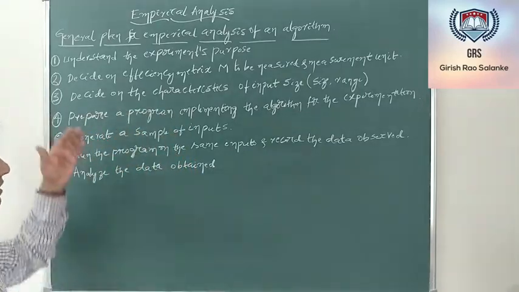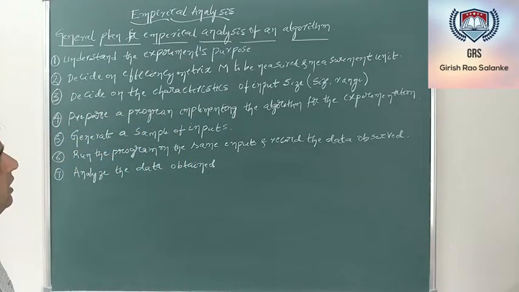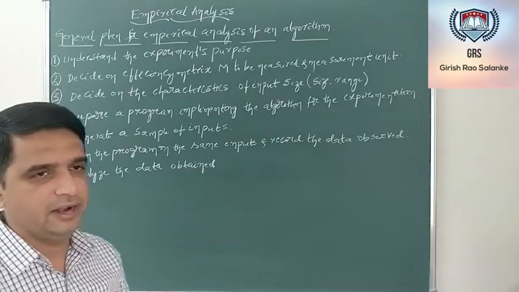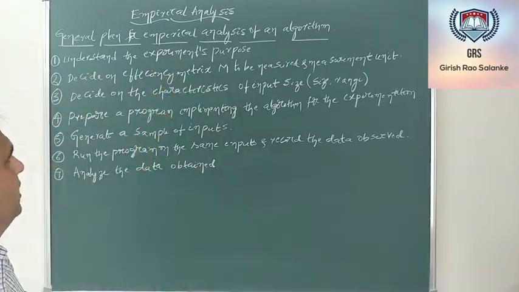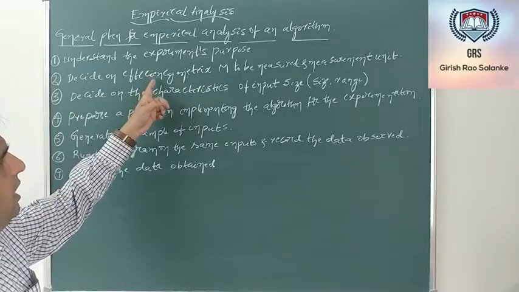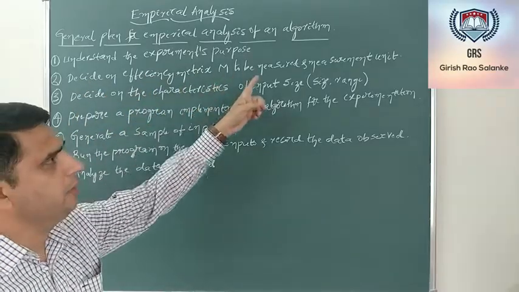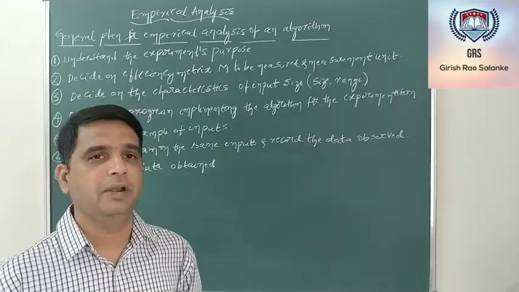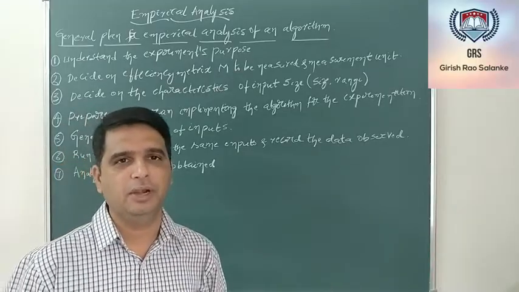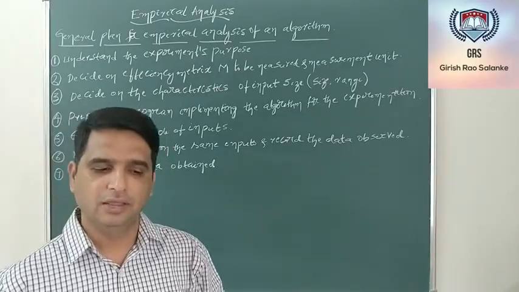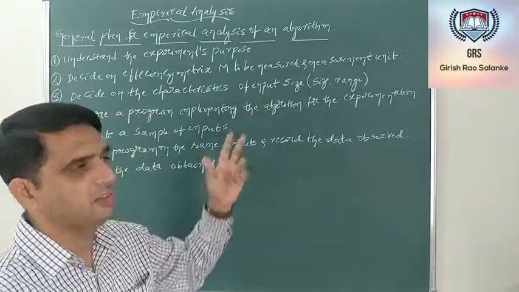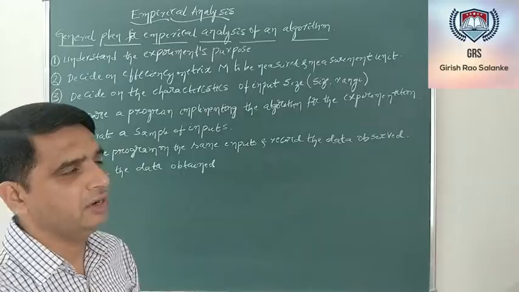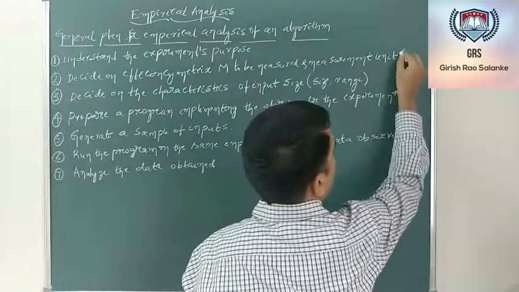So, this is the general plan. The first step is to understand the purpose of the experiment. Second, decide on the efficiency metric M to be measured and the measurement unit. Here the measurement unit that we'll consider is how many times the basic operation gets executed. Let me call it the count.